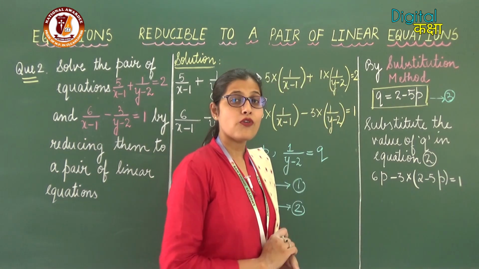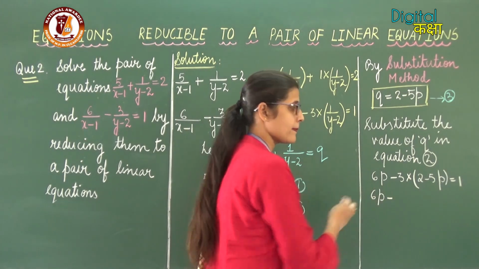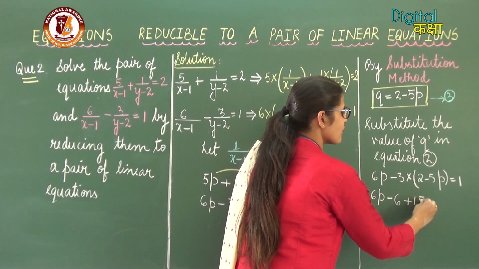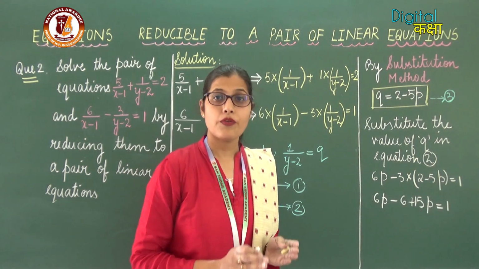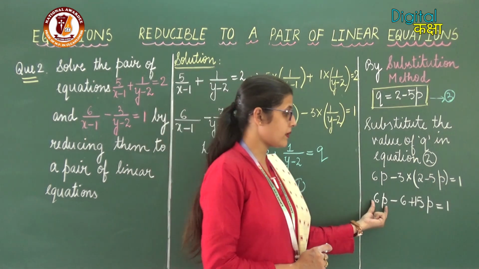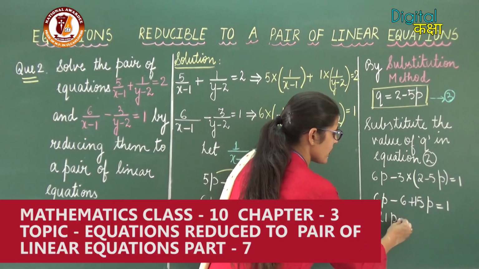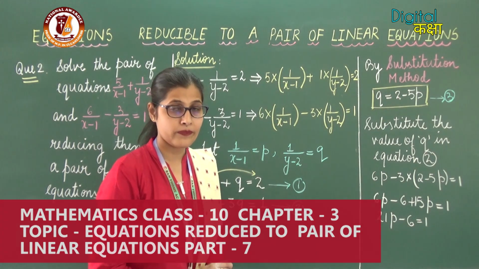Now, we will further simplify it. Therefore, 6p minus 6 plus 15p equals to 1. We will be adding variable p. So, it will be equals to 21p minus 6 equals to 1.